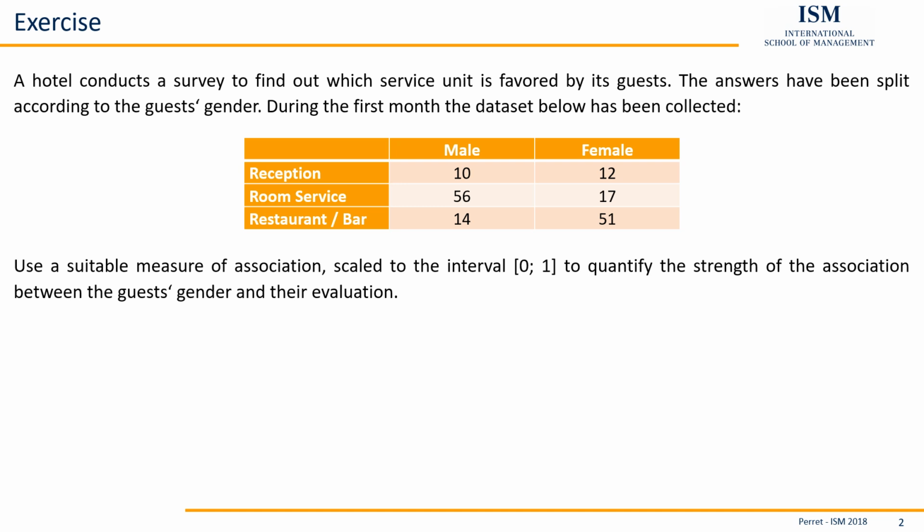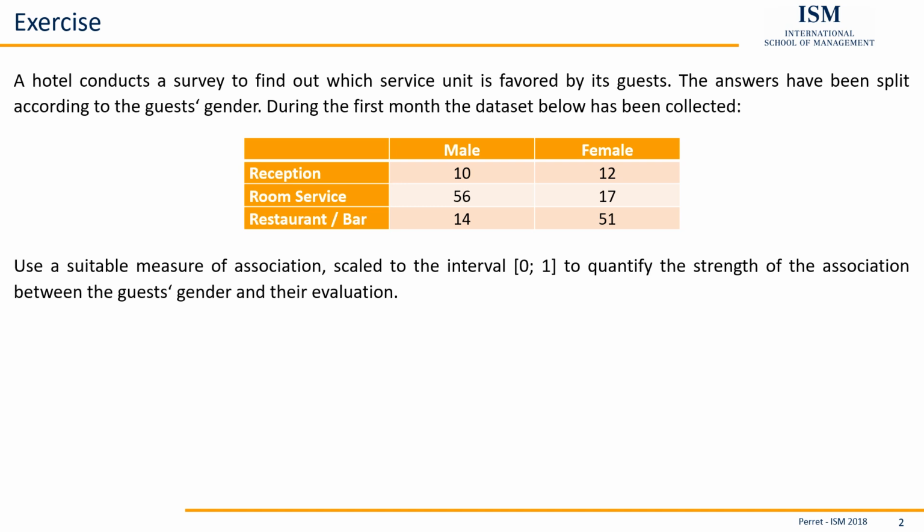Well, first off, which type of contingency or correlation measure, in general, which measure of association can we use here? Obviously, gender as well as the service units are both nominally scaled variables, so the only thing which can be applied here is the chi-squared statistic or whatever is based on the chi-squared statistic, like the contingency coefficient or its corrected counterpart.